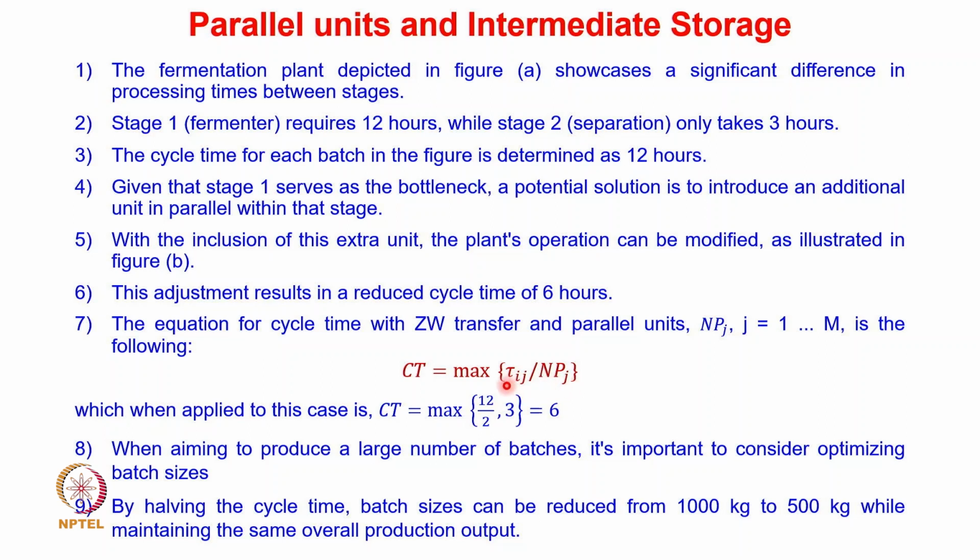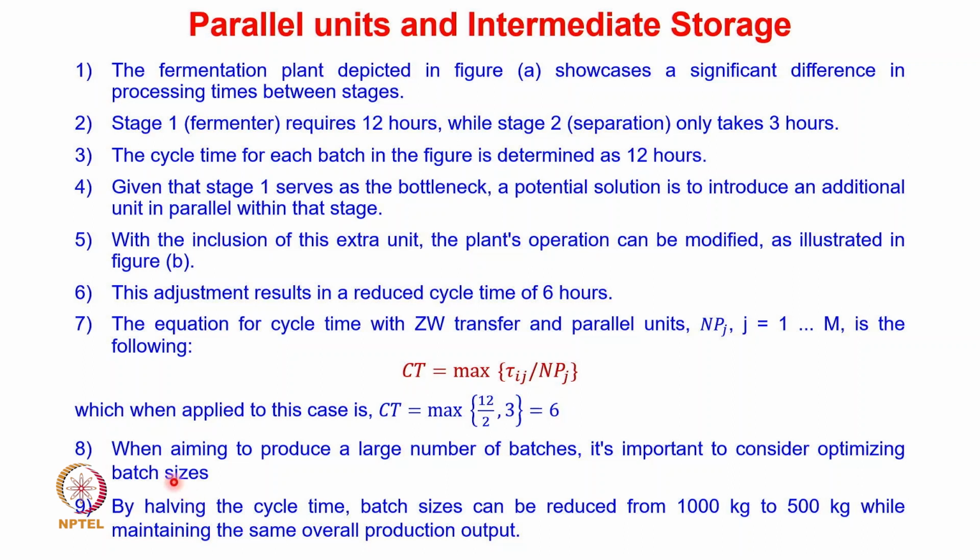Here Tij is the individual processing time of each unit, and Npj is the number of parallel units. So the 12 was the maximum processing time for stage 1, divided by the number of parallel units, which is now 2. So 12 divided by 2 becomes 6. So our cycle time comes out to be 6 here.